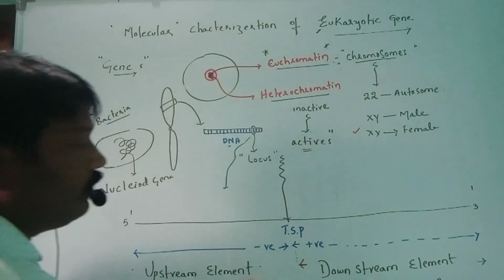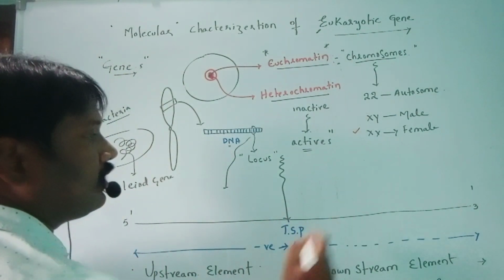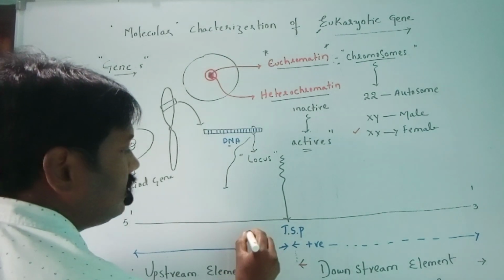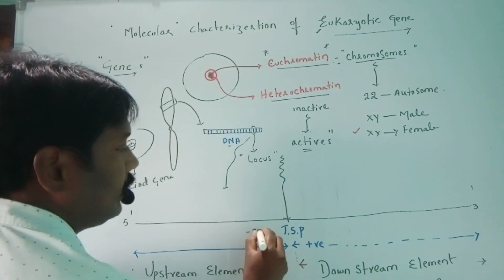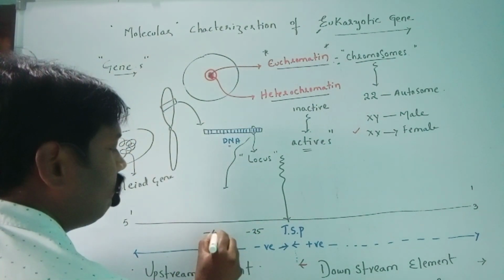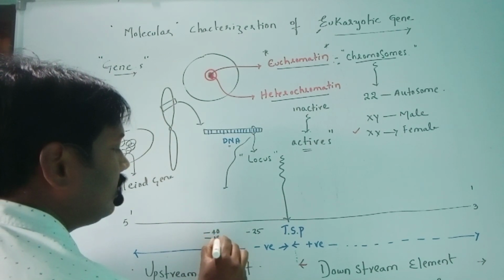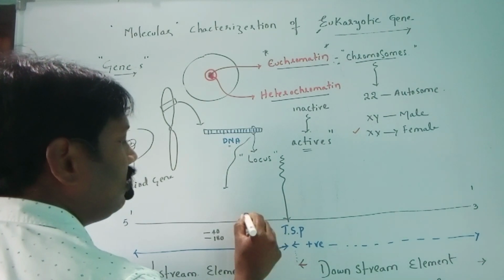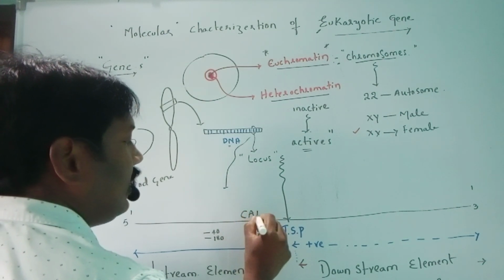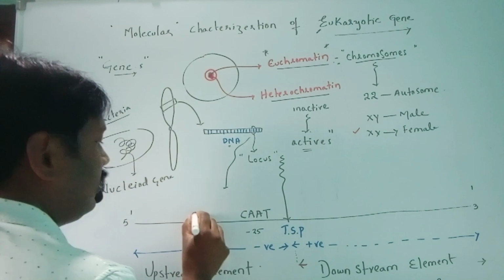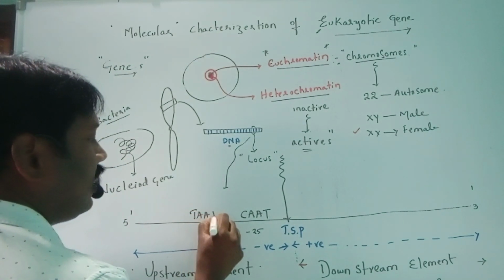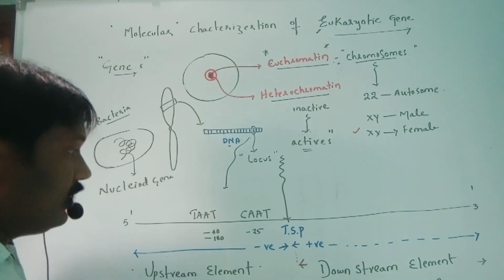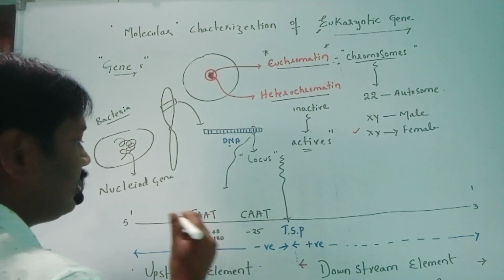See carefully, a stretch of DNA has a number of base pairs. Minus 25 base pairs away, and minus 40 to minus 180 base pairs away, it has specialized sequences, which we call the CAAT box and the TATA box.